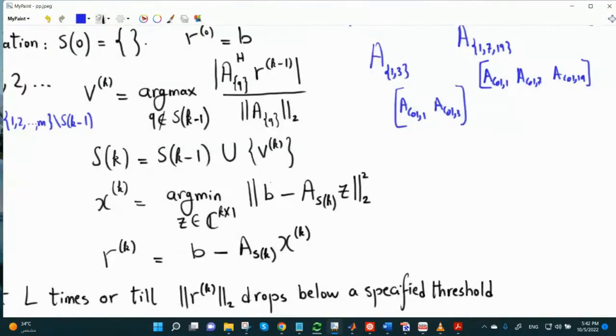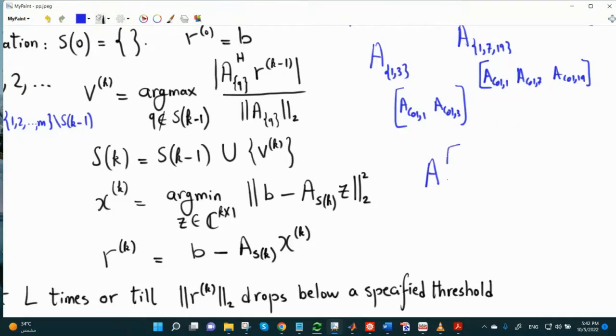Then you now represent B using the columns of A that are contained in S of k. So we do least squares. We minimize the Euclidean distance, or the square of the L2 norm, of B minus A sub S of k times z.